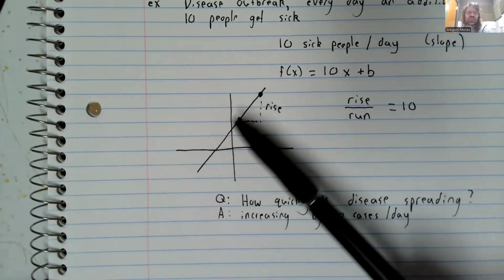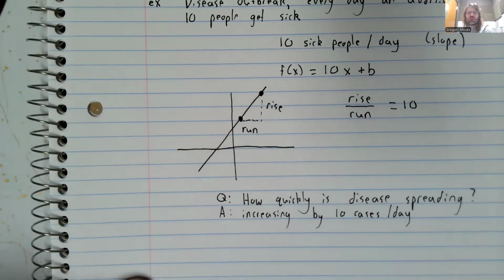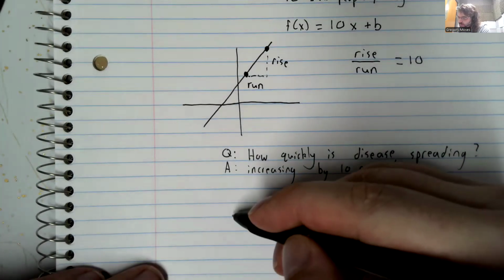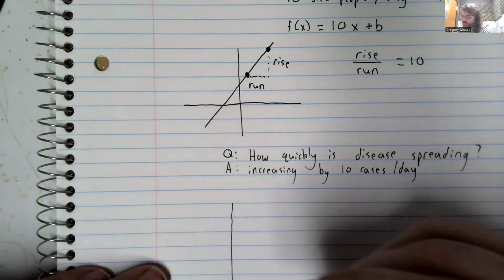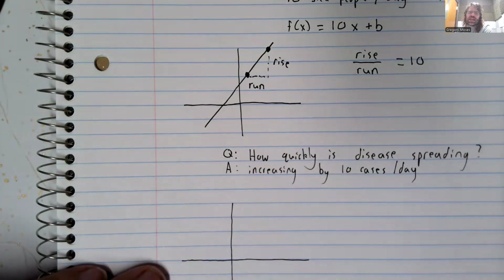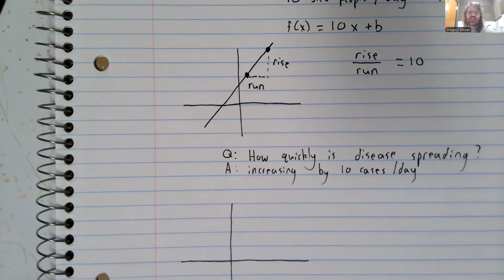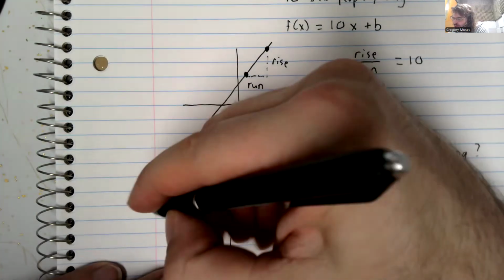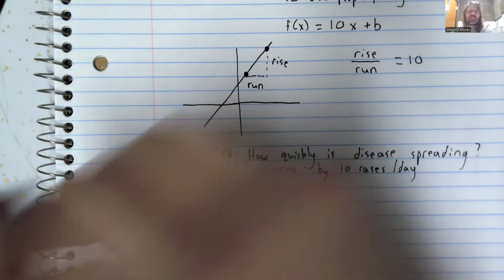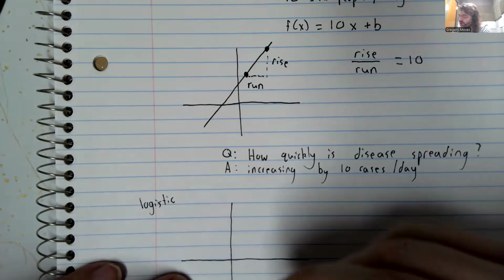Now, if this is not a realistic graph for the spread of a disease, what might a realistic graph look like? A lot of graphs representing the spread of disease are going to be what we call logistic. And the word doesn't matter. I'll write it down, but at the moment, the word doesn't matter.